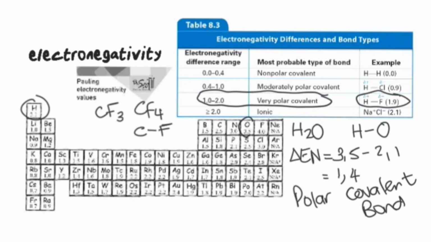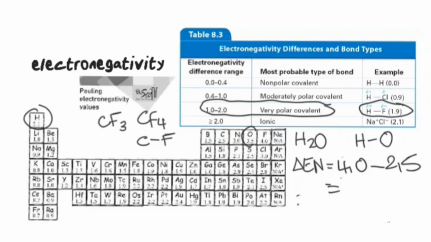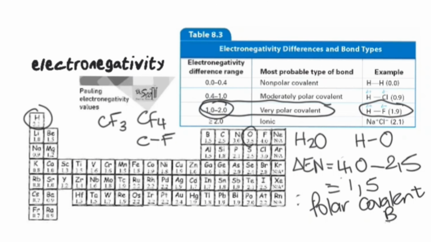And what will happen here is I'm going to say the change in electronegativity is I have a 4.0 minus carbon, which is a 2.5, and that would give me an answer of 1.5, which is also in the range here, which makes it a polar covalent bond. All right, so that's it for that.